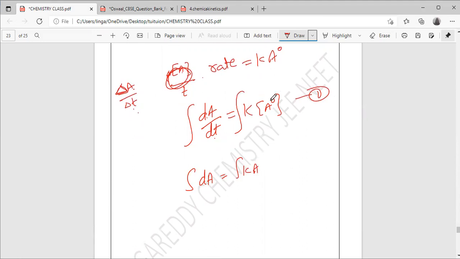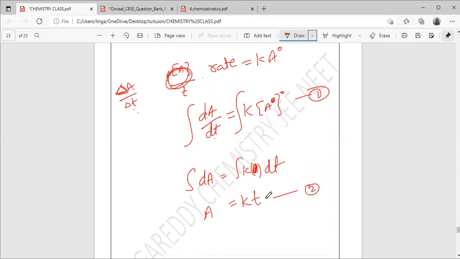A to the power of 0 means 1. So integration of dA is A, then k is a constant, so the constant will come out. Integration of dt is t. This is equation 2.